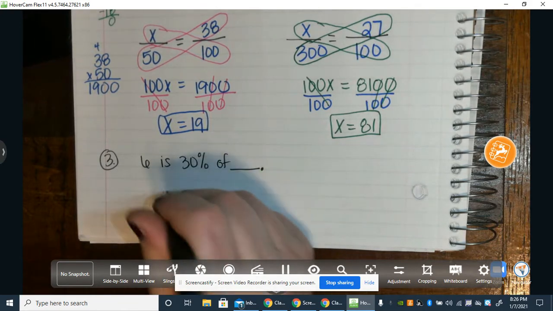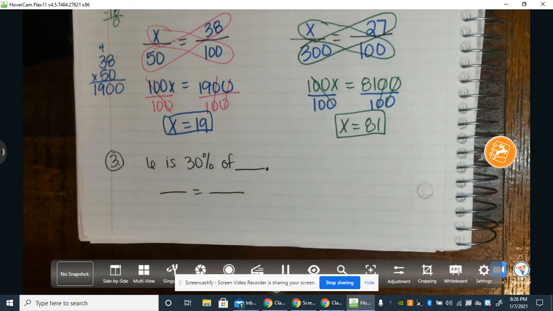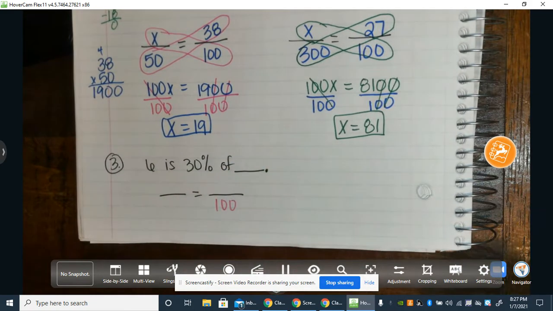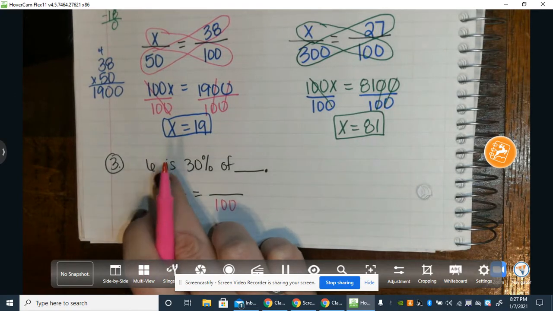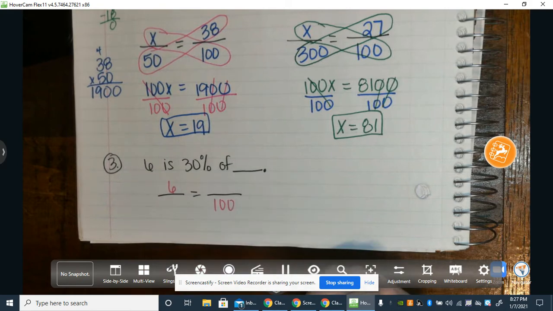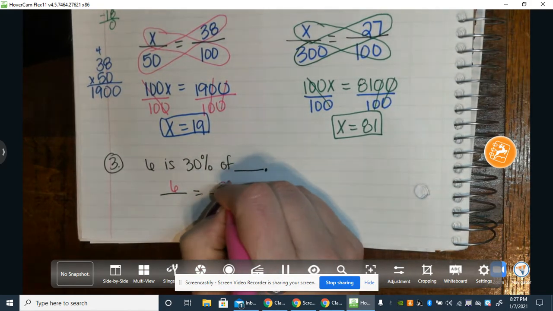So again, I set it up as two blank equivalent fractions. That 100 goes at the bottom automatically. Then I start looking, okay, 6 is, well, that's part. So 6 is going to go at the top there. 30%, well, that's going to go over 100.